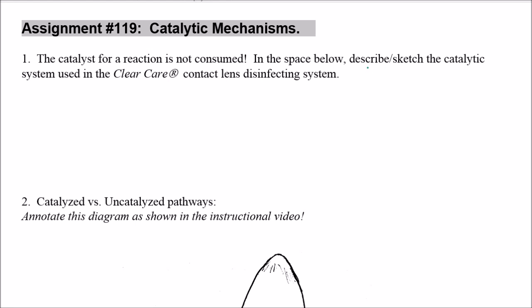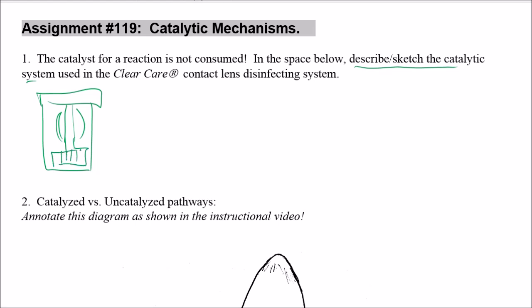All right, here the first question asks you to sketch the catalytic system. So make some kind of sketch from what you've seen. And there's this area where you put your actual lenses, and then there's the catalytic disc down here. And we can label that as the catalyst.